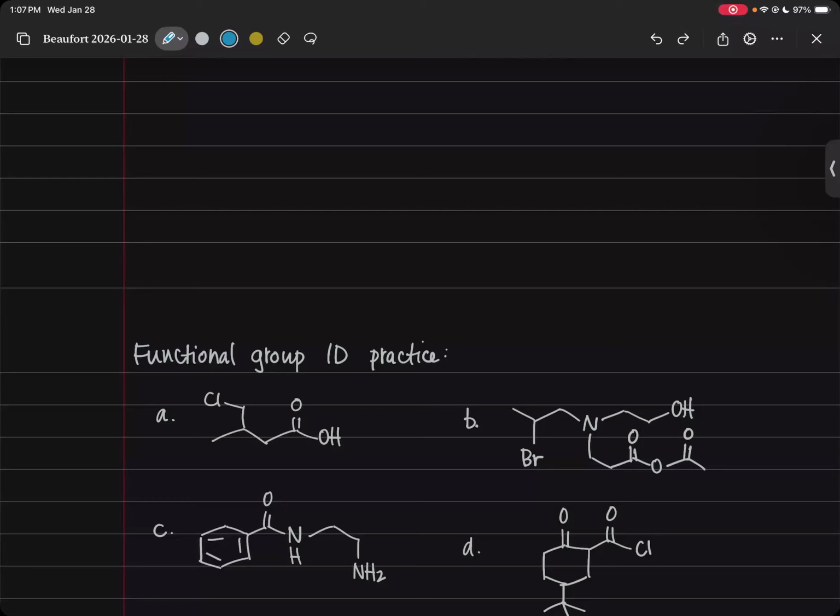Cool. Okay, C, we have a phenyl group or an arene or a benzene ring. Any of those work for that one. In the middle here, we've got a nitrogen atom directly next to a carbonyl, CO double bond. That's an amide, not an amine, but an amide with a D. And this is secondary because the nitrogen is attached to 2 different things.